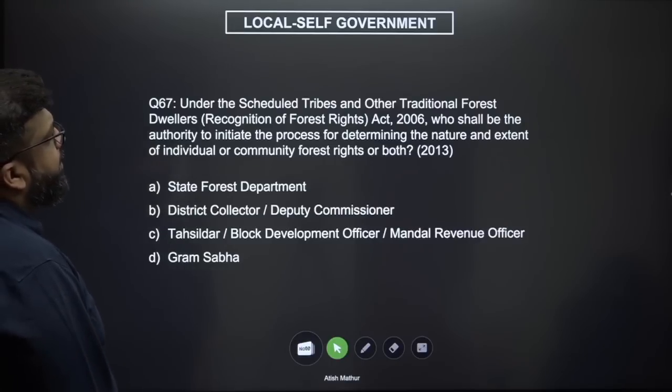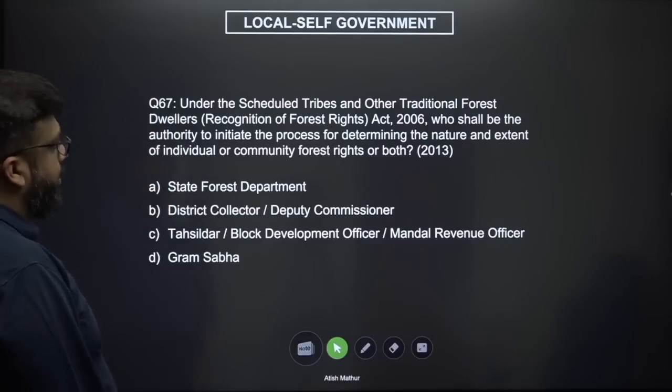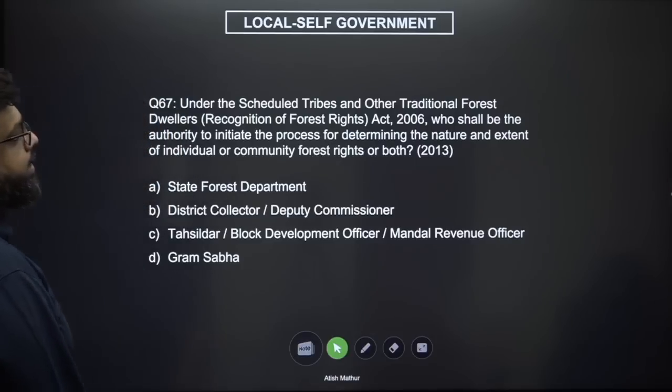Under the Scheduled Tribes and Other Traditional Forest Dwellers Recognition of Forest Rights Act of 2006, who shall be the authority to initiate the process of determining the nature and extent of individual or community forest rights, or both, right? To decide both.